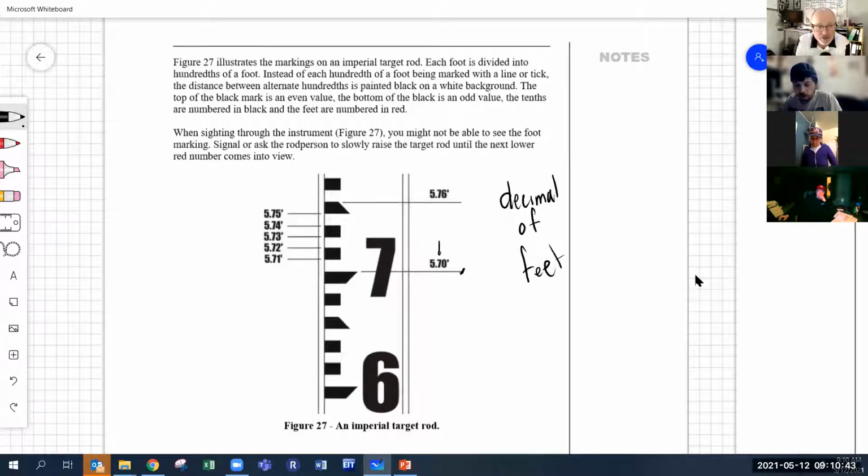So you will somewhere have to see that this is 5 foot. Okay. And this is 5'7" right here. And this is 5.71, 5.72, 5.73, 5.74, 5.75, 5.76. As you can see, they just rise up 1/100th of a foot like that.